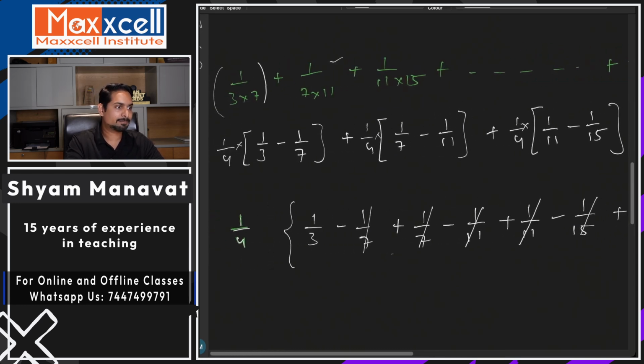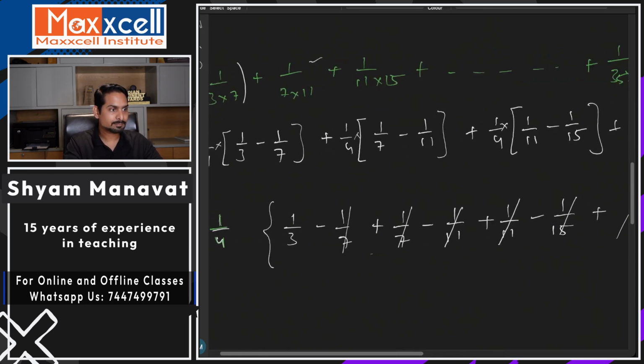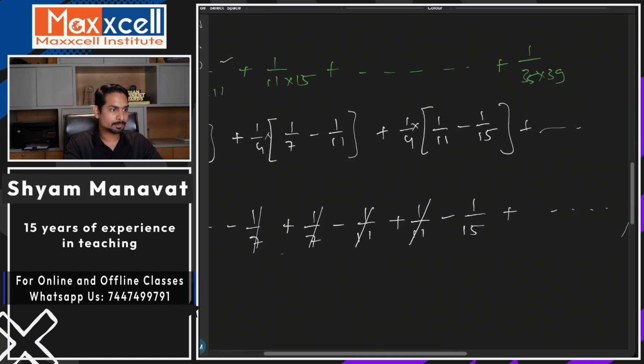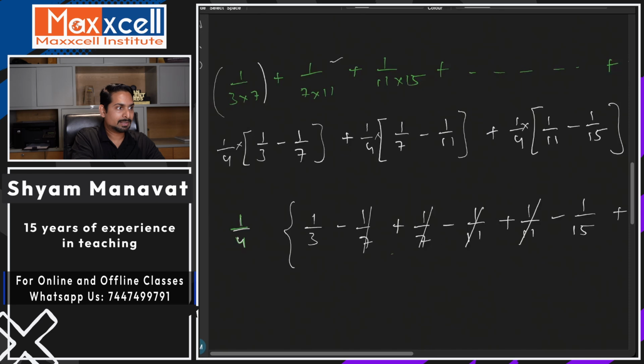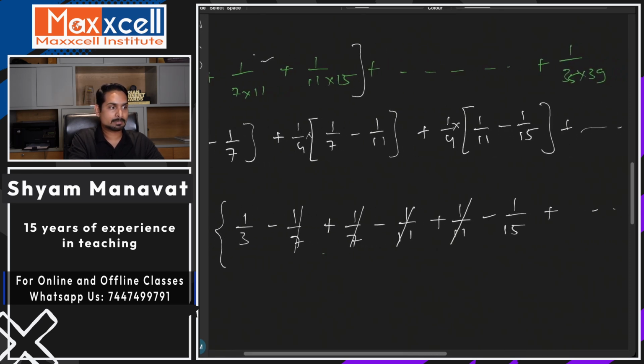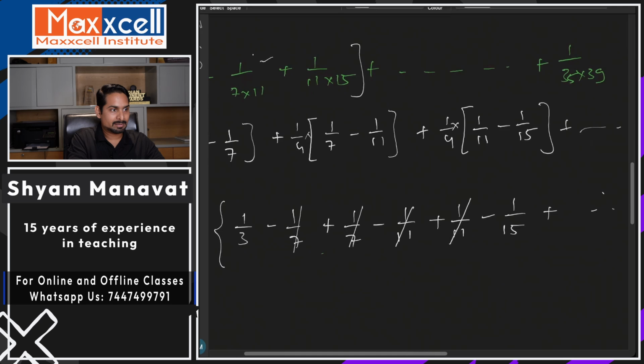Suppose this series would have been till only this part, then we will write only up till this term, right? Accordingly, you will see that 1 upon the last term minus 1 upon 15 is not getting cancelled. Do you agree with it?